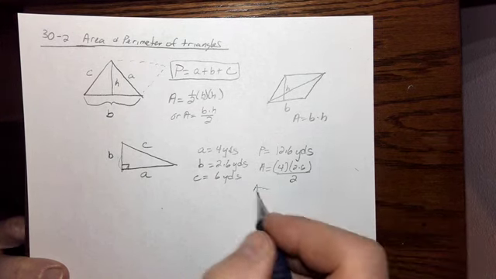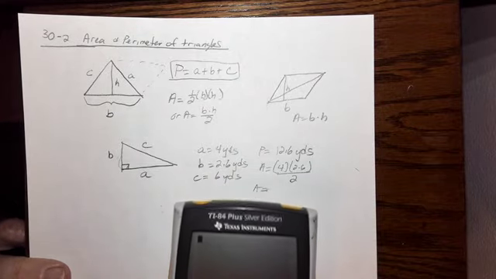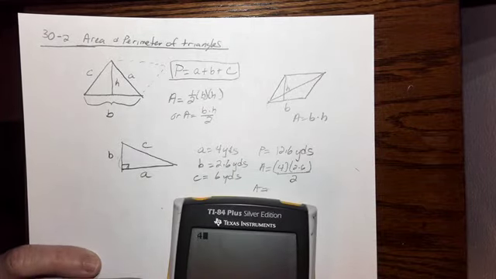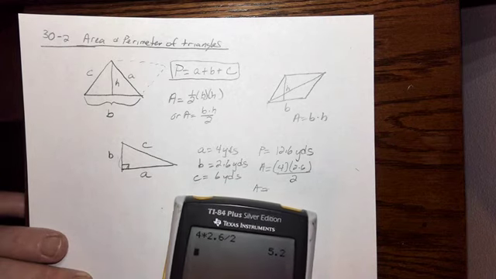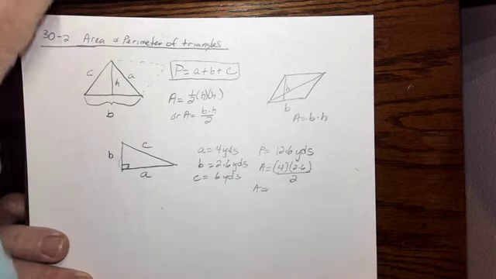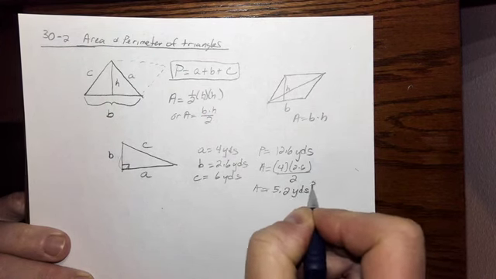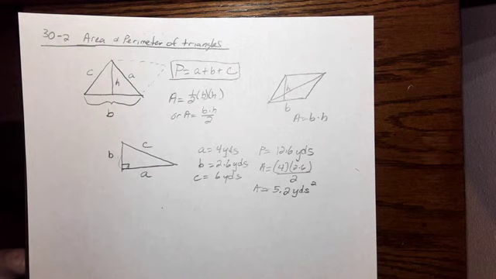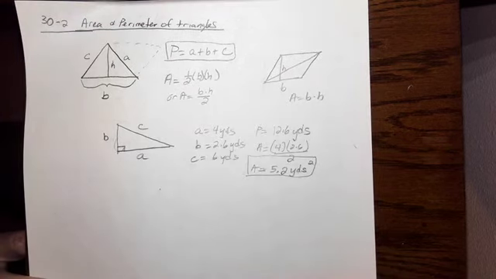So the area is going to be 4 times 2.6 divided by 2. 5.2 square yards. Areas are always square units. Okay, there's the area of it. Pretty straightforward.